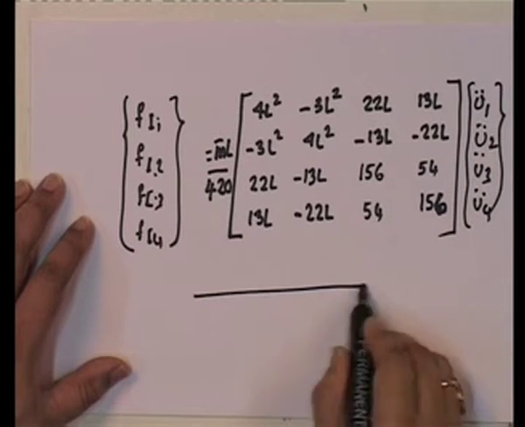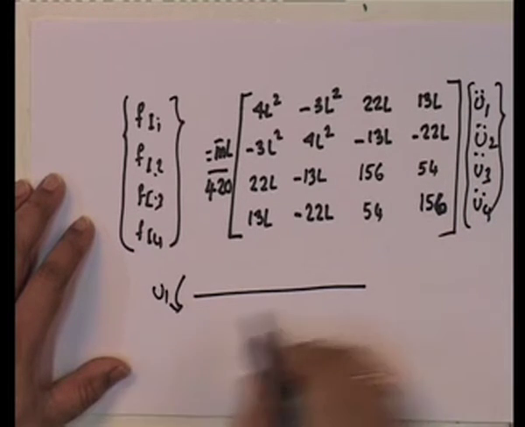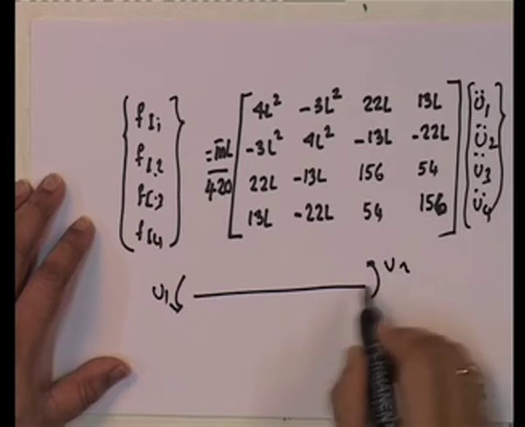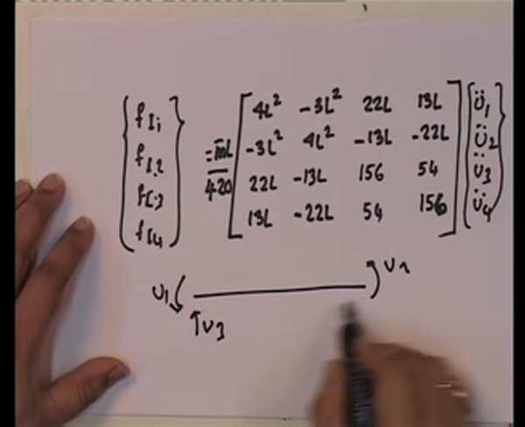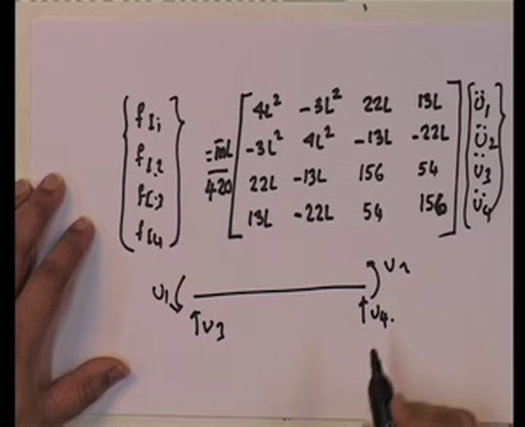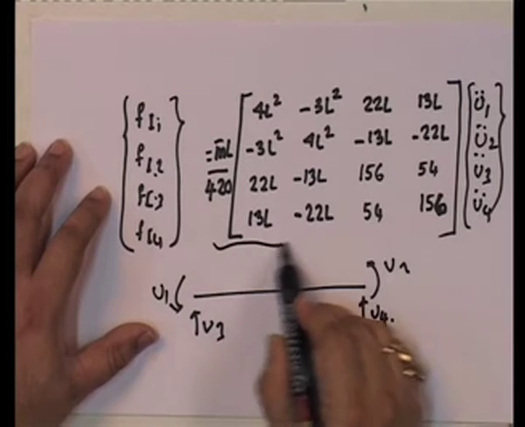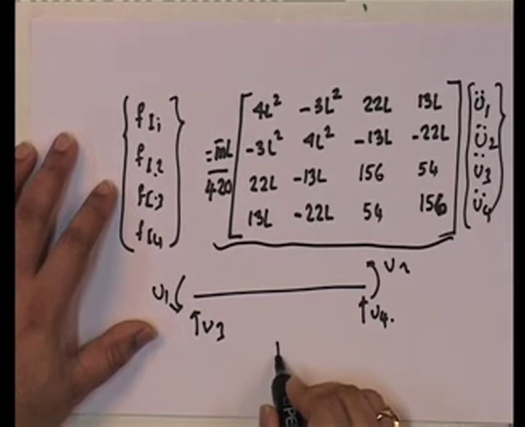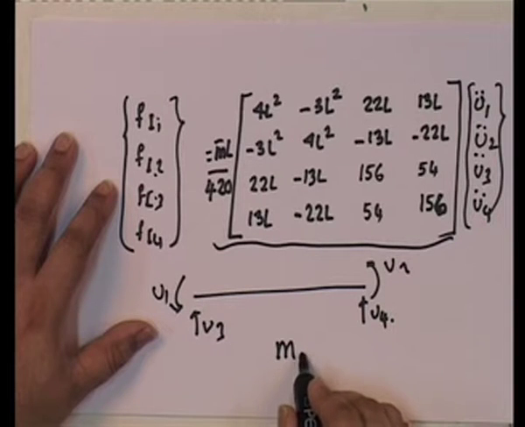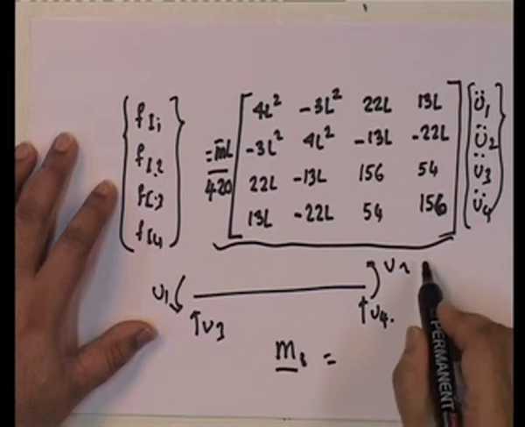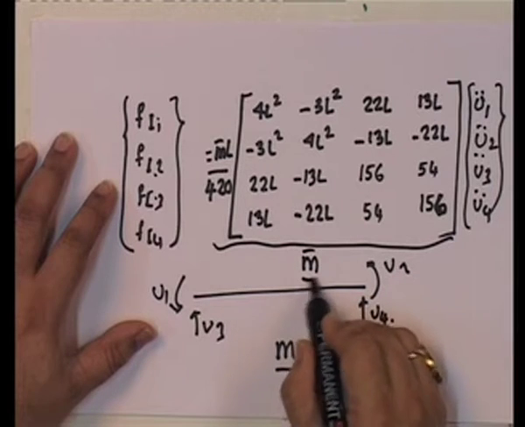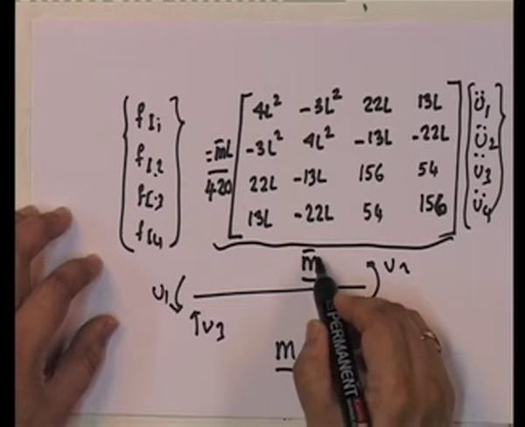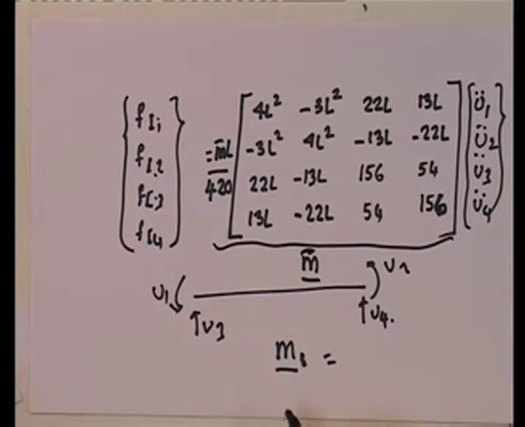Again, let me draw, this is V1, this is V2, this is V3 and this is V4. So, this is my element mass matrix, element level mass matrix.